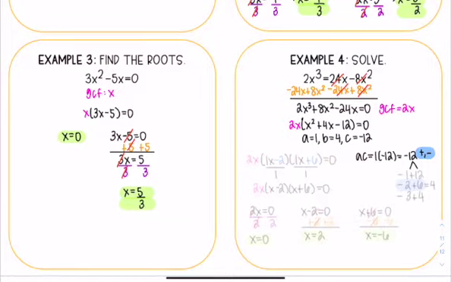The factors of 12 are 1 and 12, 2 and 6, 3 and 4. The goal is to get to positive 4, which means that the bigger number is positive and the smaller is negative. So everything on the left is negative while everything on the right is positive. And negative 2 plus 6 gives me the 4 that I'm looking for.